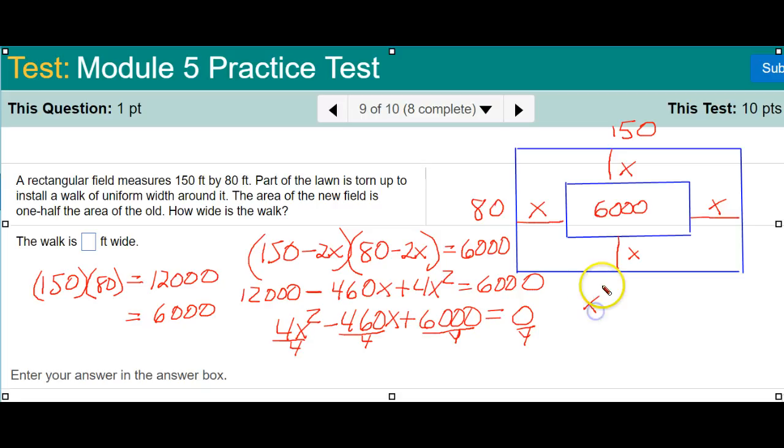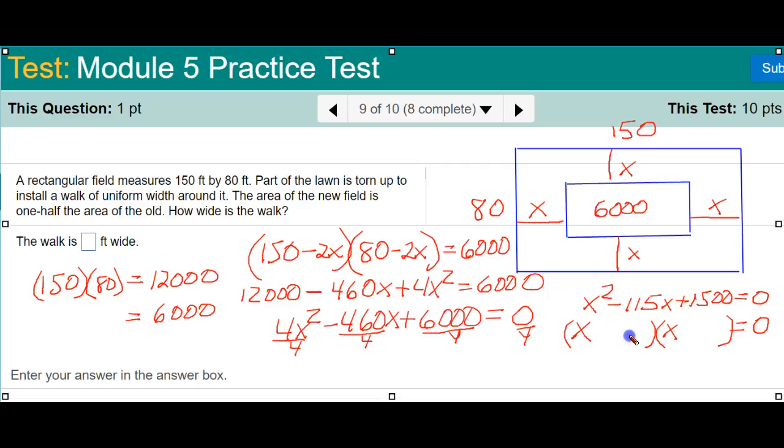We get x squared minus 115x plus 1500 equals 0. Now, I don't know if you see it, but this is going to factor very well. You could still use the quadratic formula, but factoring is nice too, if you see it.